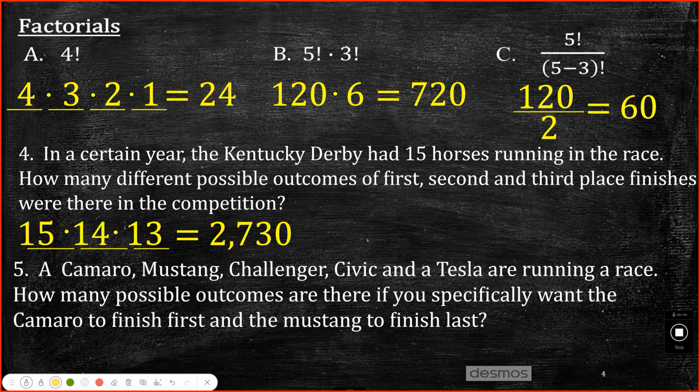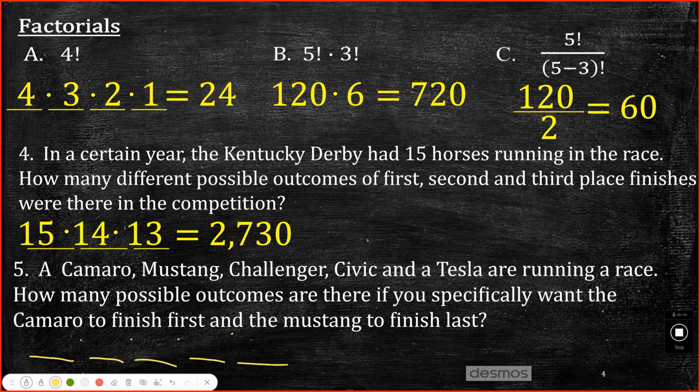You always want to reason it through. All the cars are going to finish the race, because it's not that one of them is going to have an accident and not finish it. Sometimes you have to be really specific that they all do actually finish the race. So there's 5 cars, and they're going to be first, second, third, fourth, fifth.